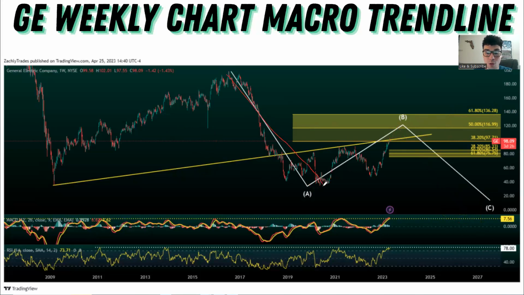If we move down, retrace, consolidate, break through these levels and flip 136.28 from resistance to support, there is a chance you could get a reversal and come back up and potentially retest some of the previous highs. So I have to keep an open mindset and not be too biased because of one specific thing that I see.